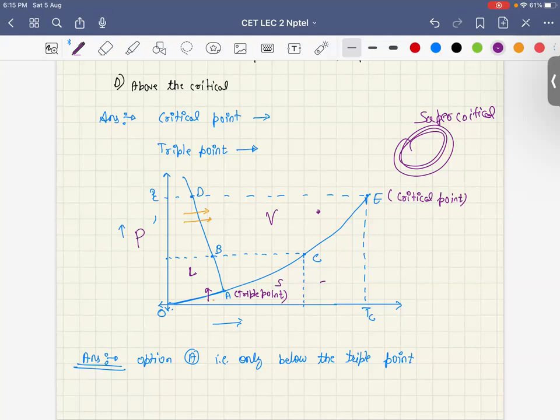This is pressure and this is temperature. That's why it is critical pressure, and this is critical temperature. Which area will be vapor?